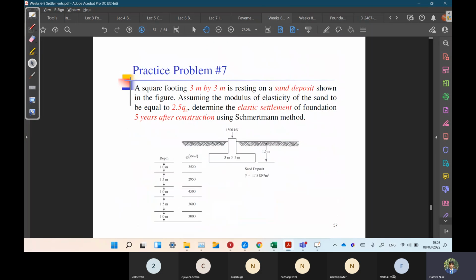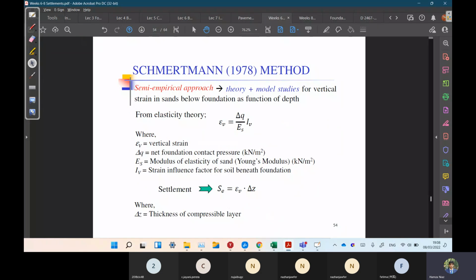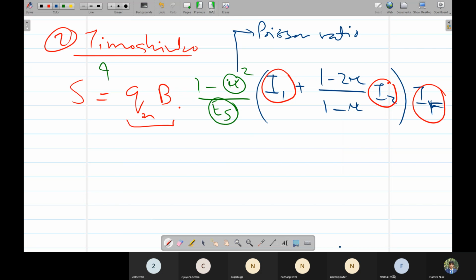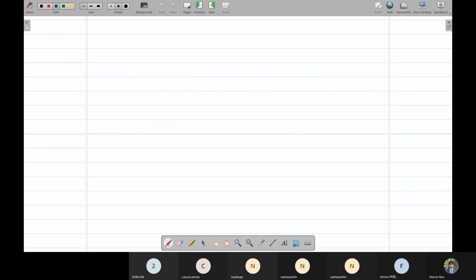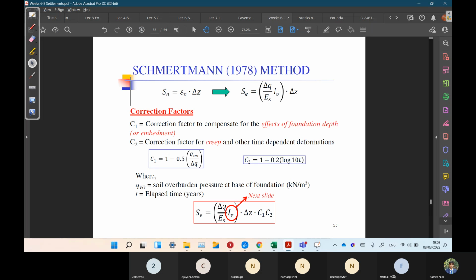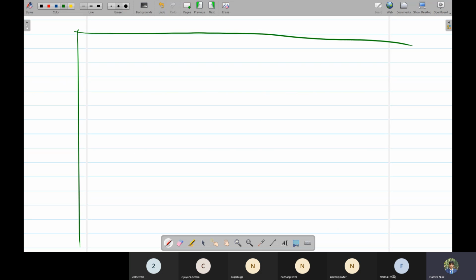Last one is Schmertmann. So the Schmertmann method is again similar, but the difference is we have some strain influence factors in this. For example, this is the question. So we have to draw a chart in this.